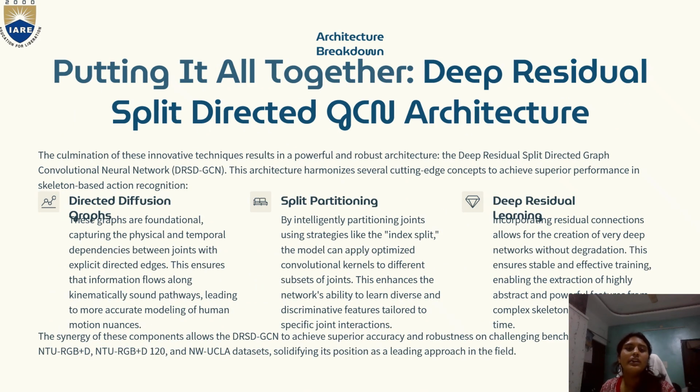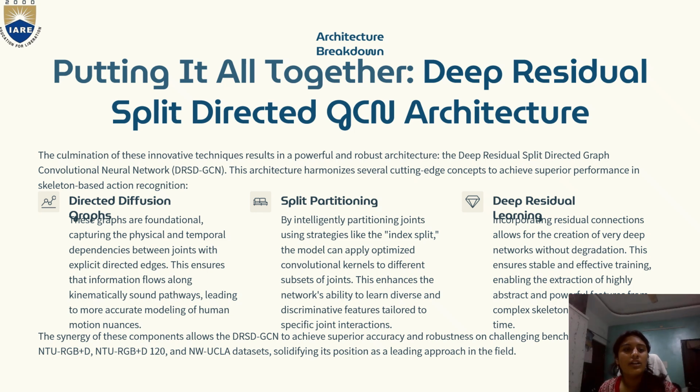Putting it all together, deep residual split directed GCN architecture. The accumulation of these innovative techniques results in a powerful and robust architecture: the deep residual split directed graph convolutional neural network. This architecture harmonizes several cutting-edge concepts to achieve superior performance in skeleton-based action recognition, such as directed diffusion graphs, split partitioning, and deep learning.